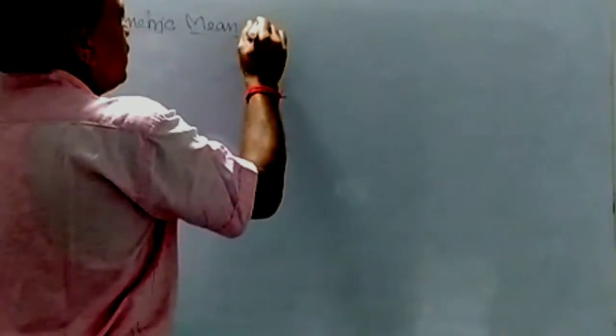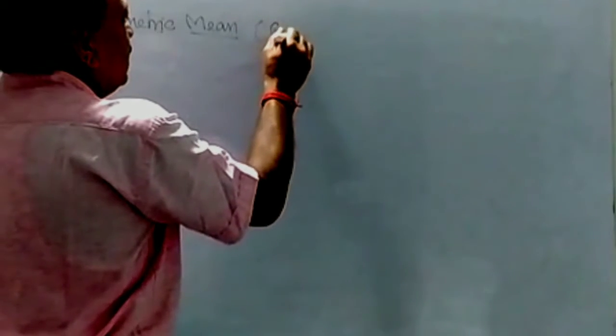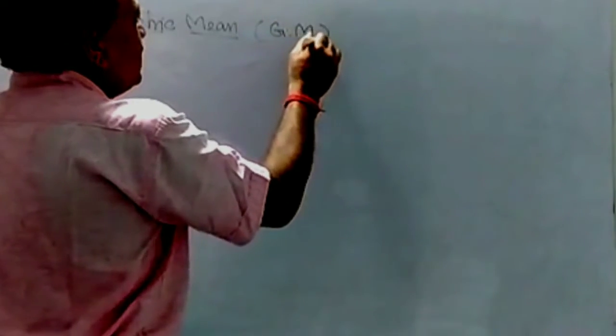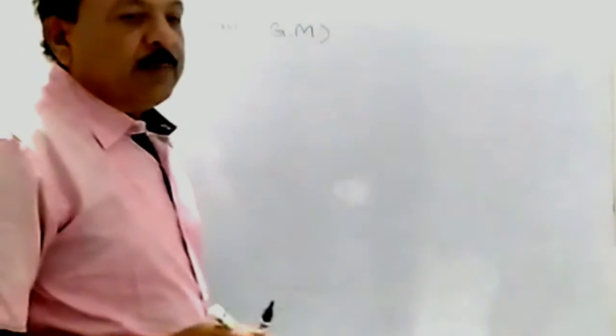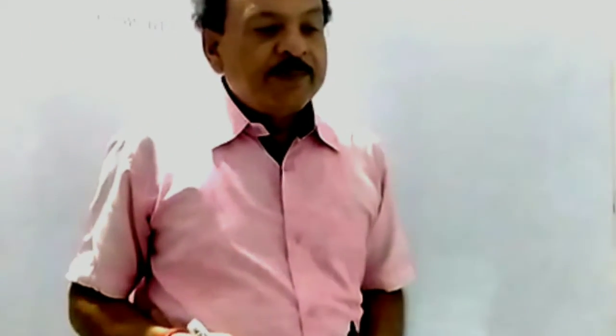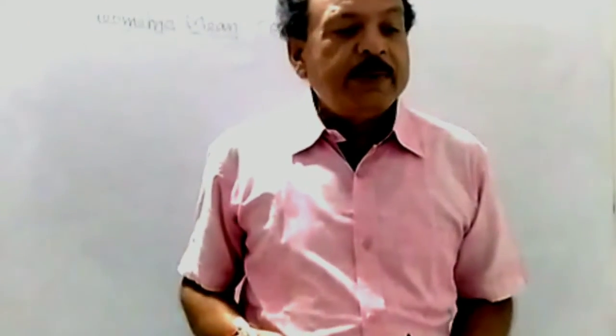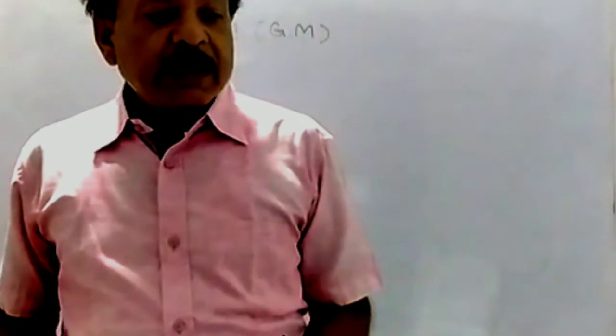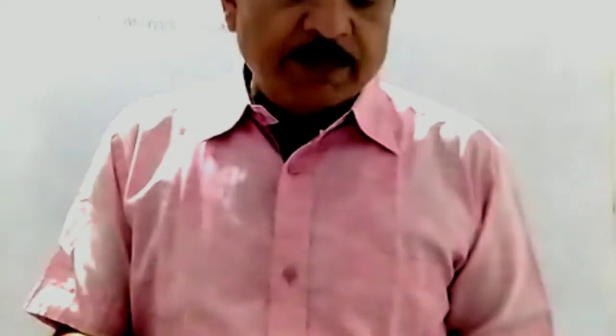This will be also known as the GM, geometric mean. Let A and B be two numbers and G is the geometric mean between two numbers.